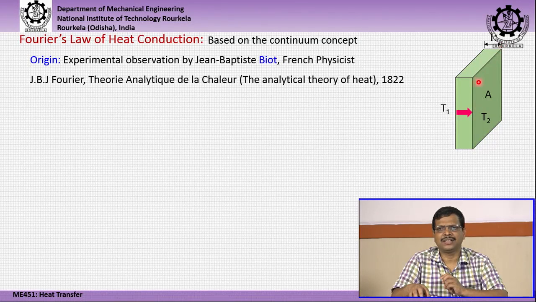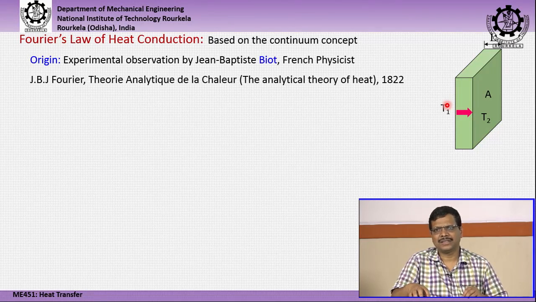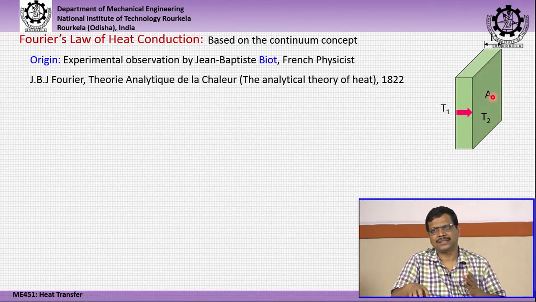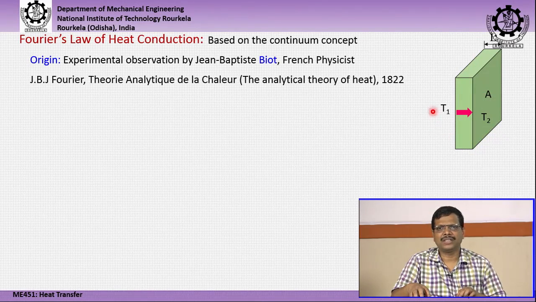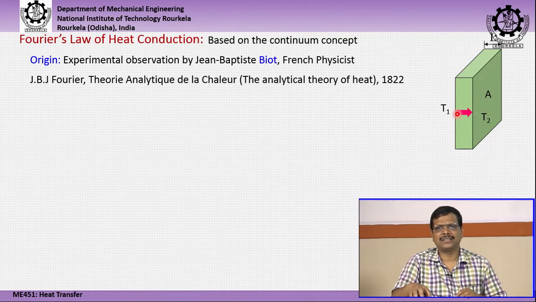Here, let us say the temperature on the left face is a constant value T1, the temperature on the right face is a constant value T2, and A is the area of these two faces, perpendicular to the direction of transfer of heat. If T1 is greater than T2, then the direction of heat transfer will be from the left face toward the right face, as shown by this arrow.